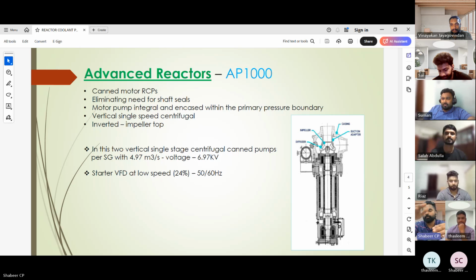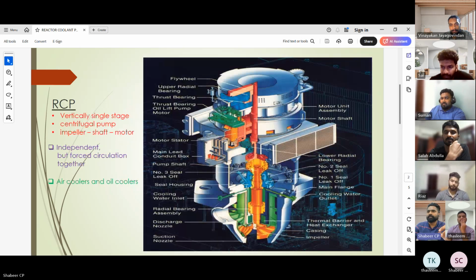Here, in the normal case, the motor and impeller side are connected by a shaft, and in between that shaft they are providing seals. Where is the impeller? At the top. Here we can see there is a suction nozzle.